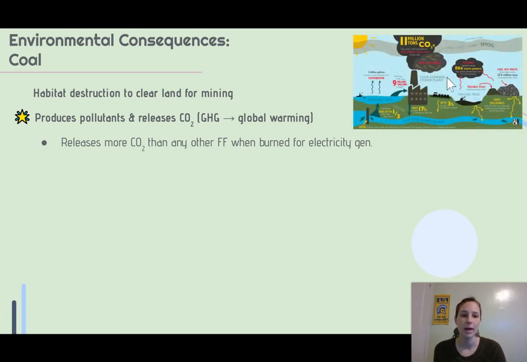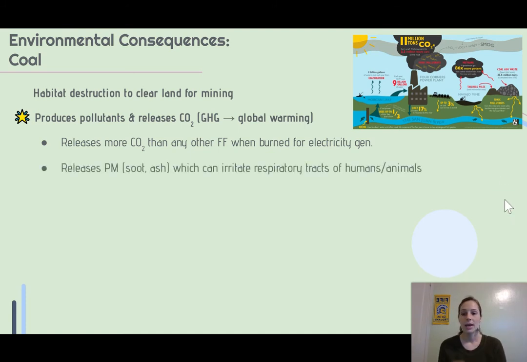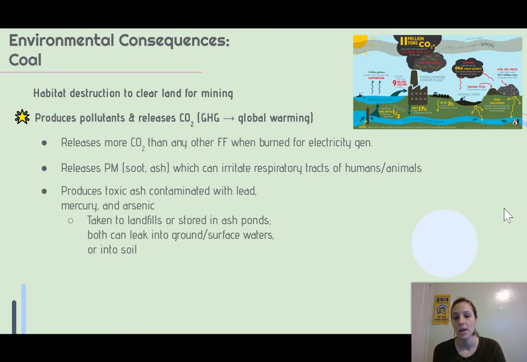So if we're looking at the amount of carbon dioxide that is released from all different processes, power plants using the combustion of coal are going to be the big one. Now, the pollutants that are going to be released, we've got a few of them. The first one is going to be particulate matter, such as soot and ash, which can irritate the respiratory tract of humans and animals.